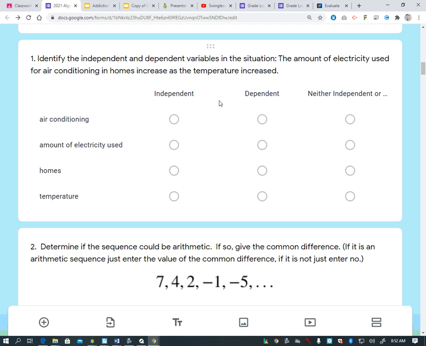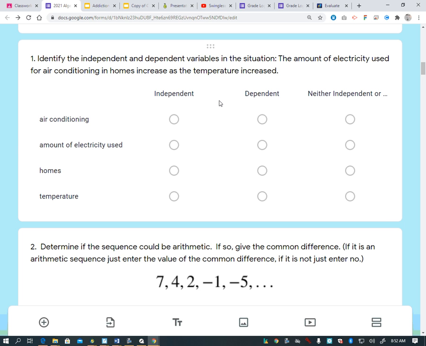The temperature outside. Does the temperature outside care about your house? Does it care about the amount of electricity that you're going to use? Does it care about what type of air conditioner you have? Do you have any control over the temperature outside? Therefore, it is independent. Okay?